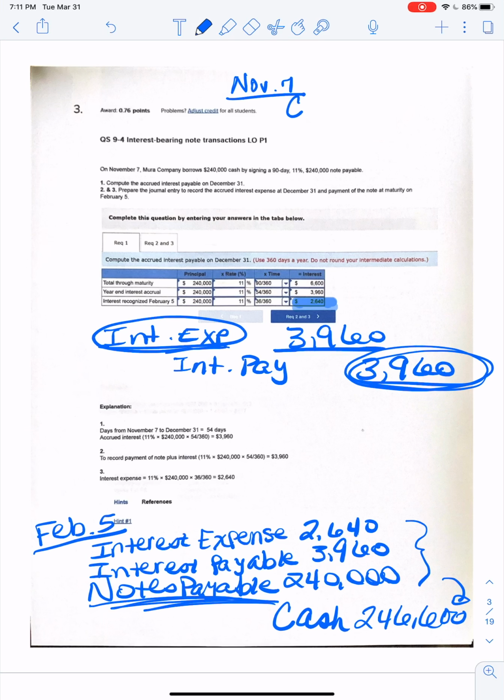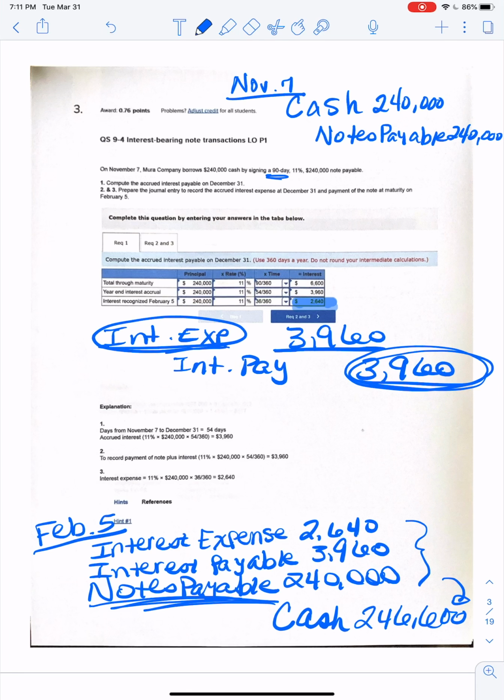So on November the 7th, we got cash for $240,000. I would have debited cash, which is an asset on the balance sheet, for $240,000. And then I would have credited something called notes payable. And it's a liability for $240,000. In this case, it's a current liability because it's a 90-day note, which is less than 12 months.